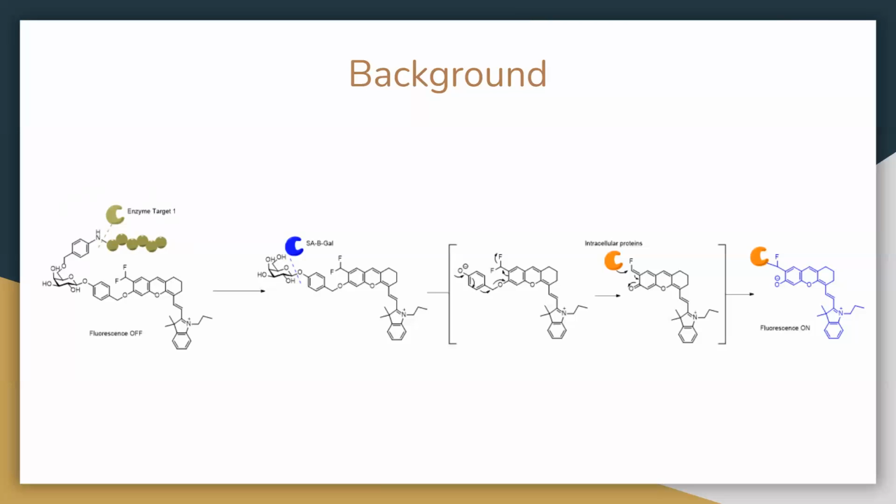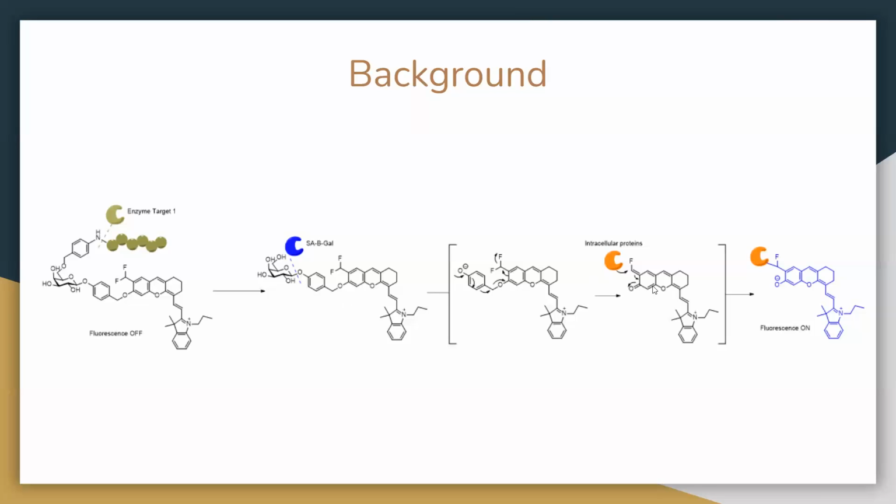So the mechanism for this molecular probe that was synthesized in my research project was first the target enzyme within a cell needs to cleave off the peptide side chain. After that, SA-beta-gal needs to cleave the beta bond at the C1 position.